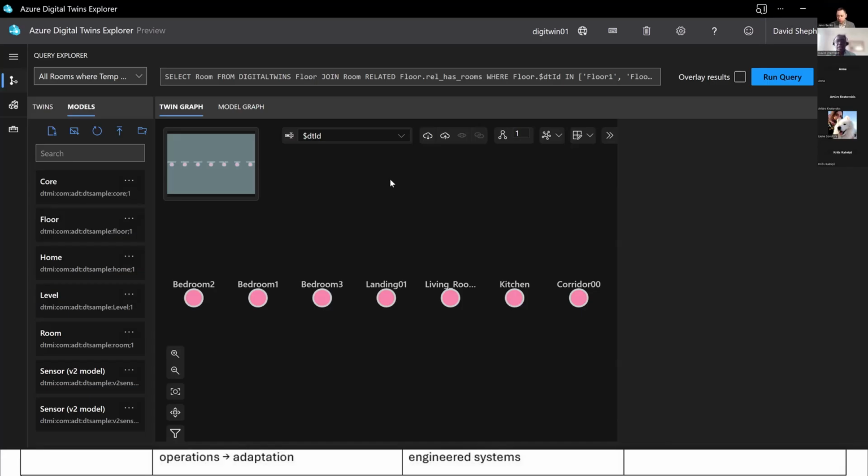Why can't I ask questions like, identify, I gave you an example, the air handling units in hotels where the occupancy is below 55%.